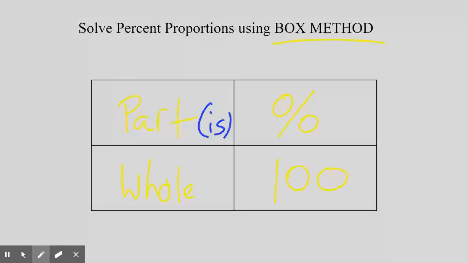And for a whole, the keyword would be "of." Obviously, if we're dealing with percent, there's going to be a percent sign there. So that's going to be our key if we have percent. Please make sure and write this down. Pause the video and write it down.